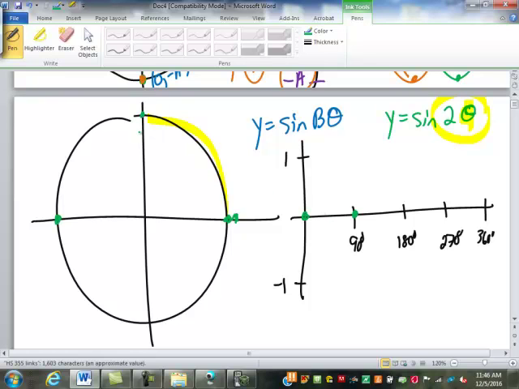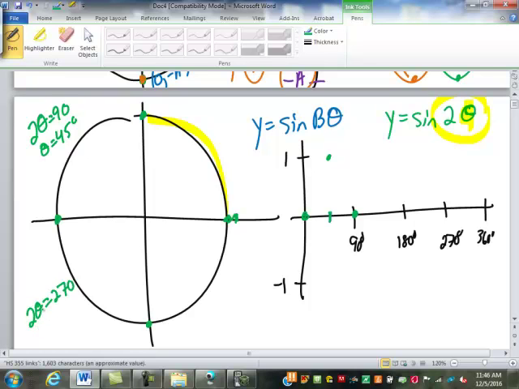Well, to get 90 degrees here, 2 theta equals 90. Dividing by 2, that's going to occur when theta is at 45 degrees. So at 45 degrees, we'll be at 90 on the unit circle. That has a height of 1. As we keep going, to get to 270 degrees, again, 2 theta equals 270.